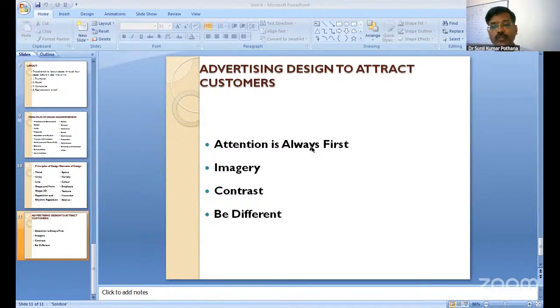Another car company gives their features which are not covered by other cars, other companies. So they have to give the attracting points in the advertisements. People are attracted to unusual, funny, different things, a new thing. So these are the attractive points.